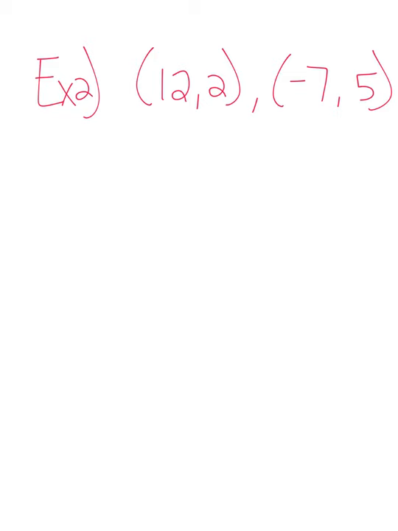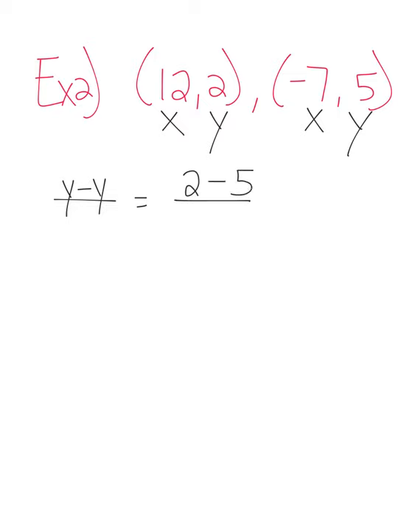Example 2. We want to label our x and our y, and this is work that I should see on your paper. Whatever I write down, you need to write down. Remember, it's y minus y in the numerator. So let's go ahead. We'll start with 2 minus 5.